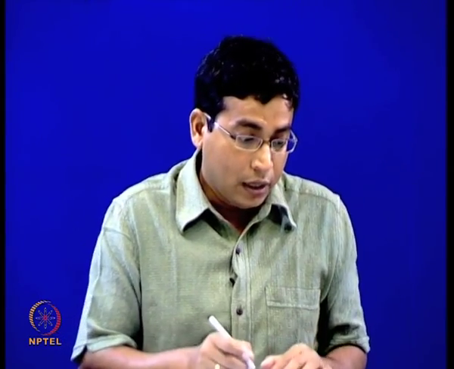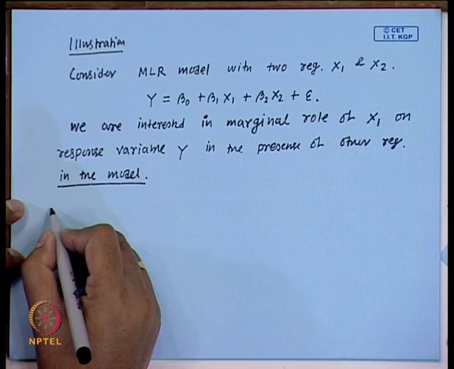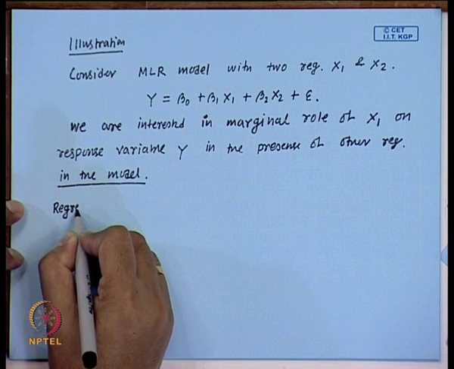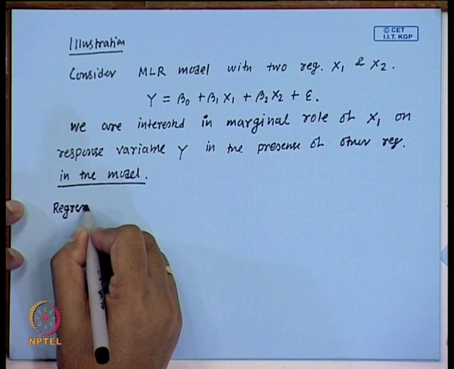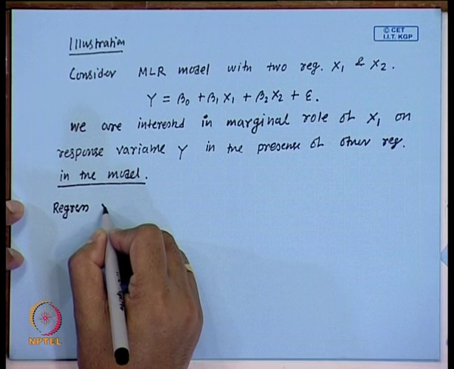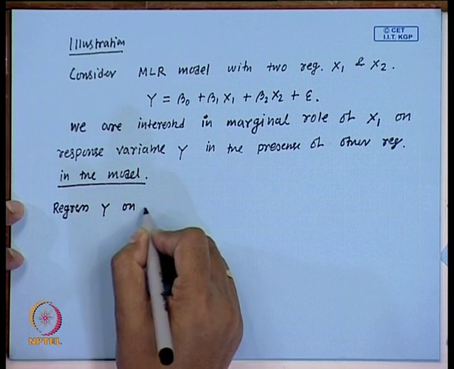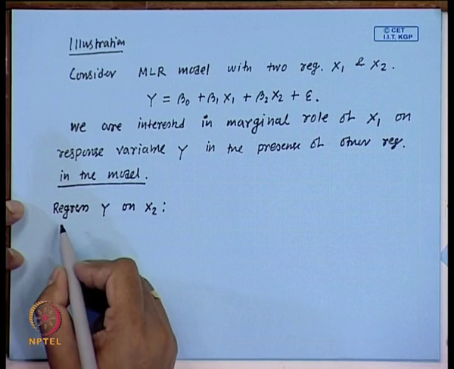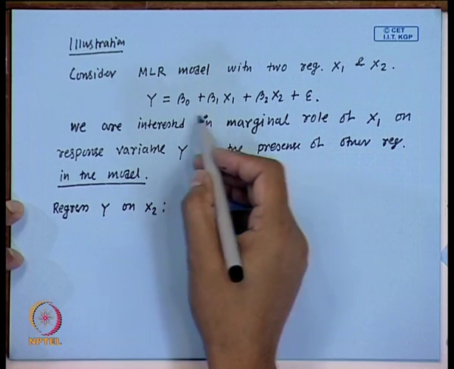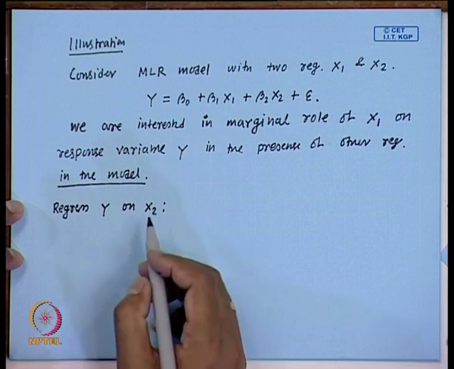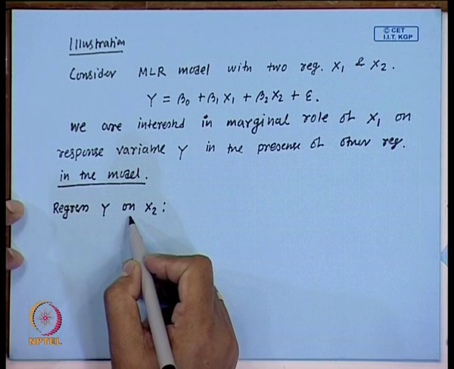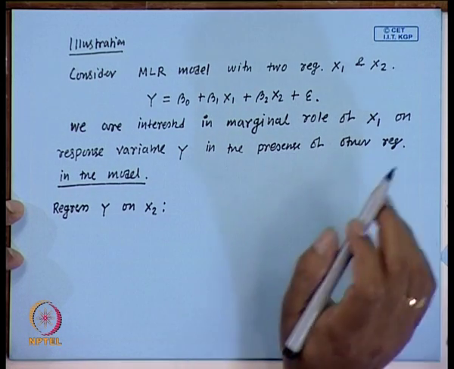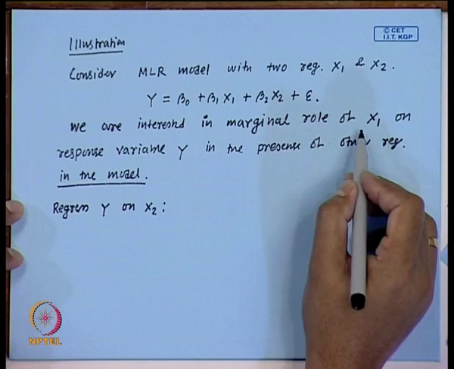So, first I will regress y on x2. That is the same as saying that in general, in case of many regressors, regress y on all regressors except x1 if you are interested in finding the marginal role of x1.